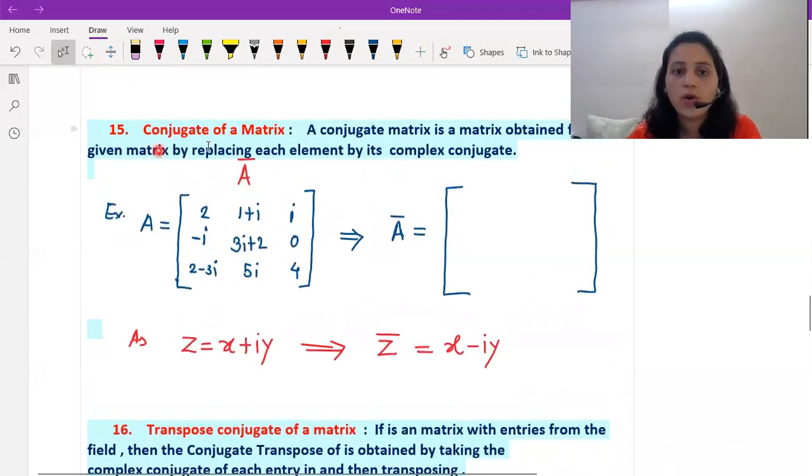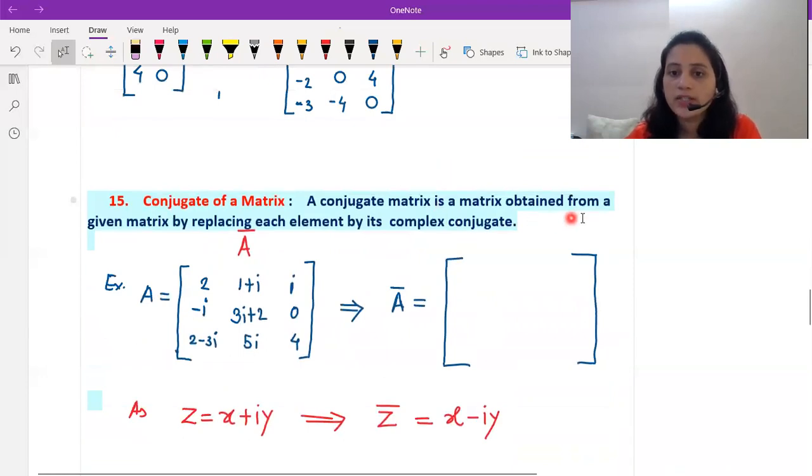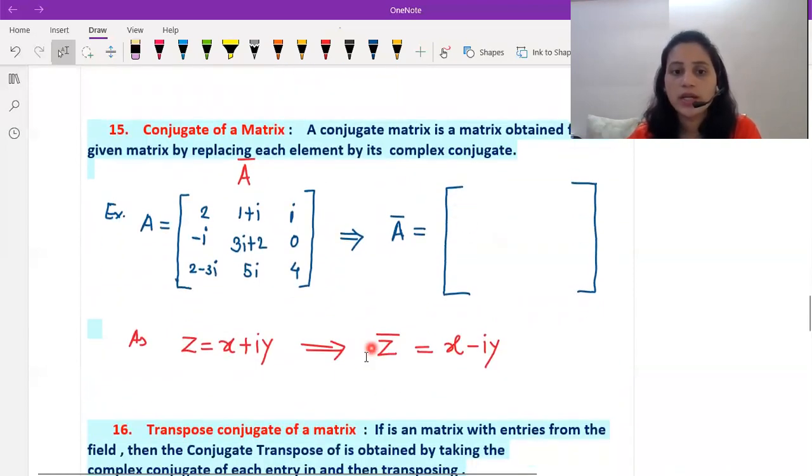Now next, conjugate of a matrix. A conjugate matrix is obtained from a given matrix by replacing each element by its complex conjugate. Now what is complex conjugate? Okay, so suppose z is equal to x plus iy is my complex number, then x is my real number, real part of the complex number, and y is my imaginary part of the complex number.